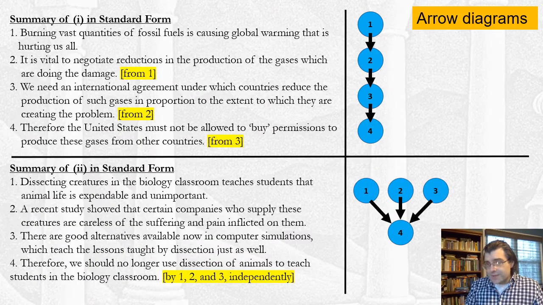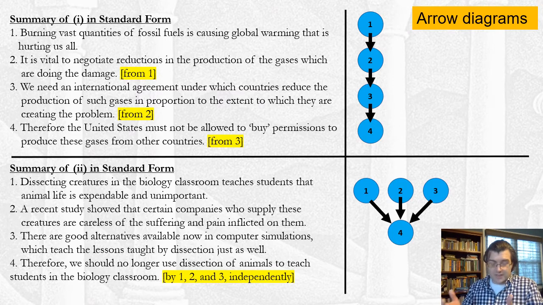Now, the relations that are communicated with inference tags can also be communicated visually with something that we call arrow diagrams. Basically, inference tags and arrow diagrams express exactly the same relations between claims within an argument. They just express them in different ways.